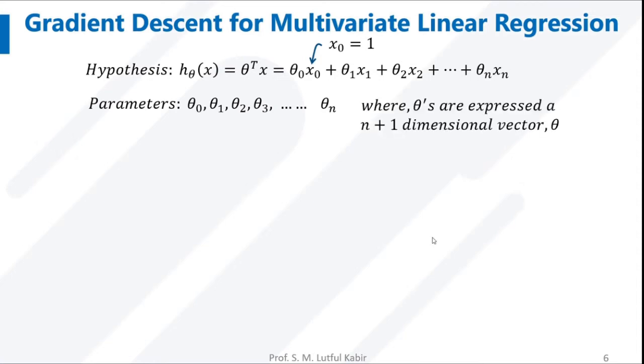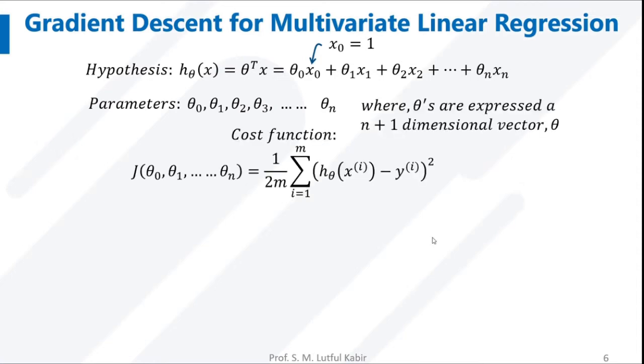And the parameters are theta 0, theta 1, theta 2 up to theta n, and those are expressed in a vector. And the cost function is defined by this expression. This is very similar to the previous one for a single variable. In the case of n variables, we have to write J of theta 0, theta 1 up to theta n, which is equal to 1 over twice m, sum of i from 1 to m, h theta of x i minus y i, whole square.